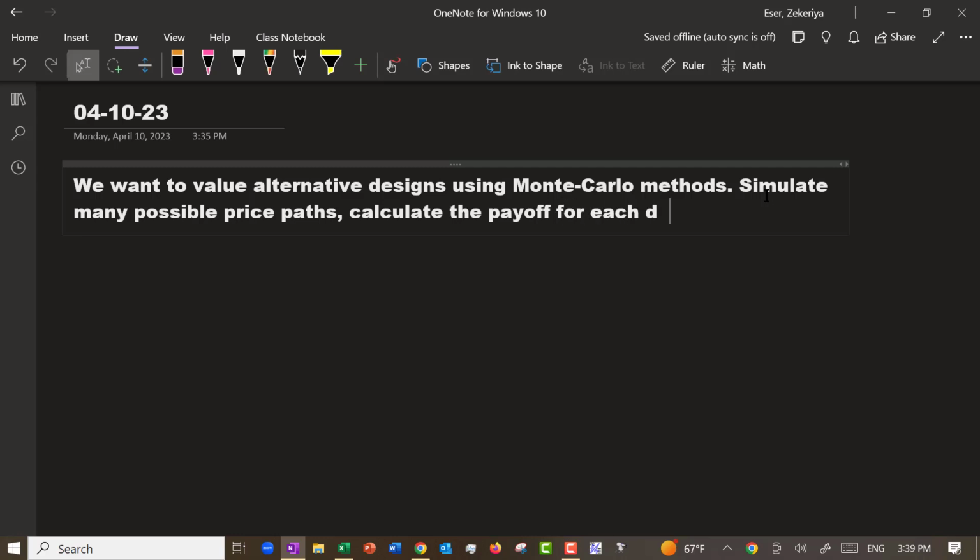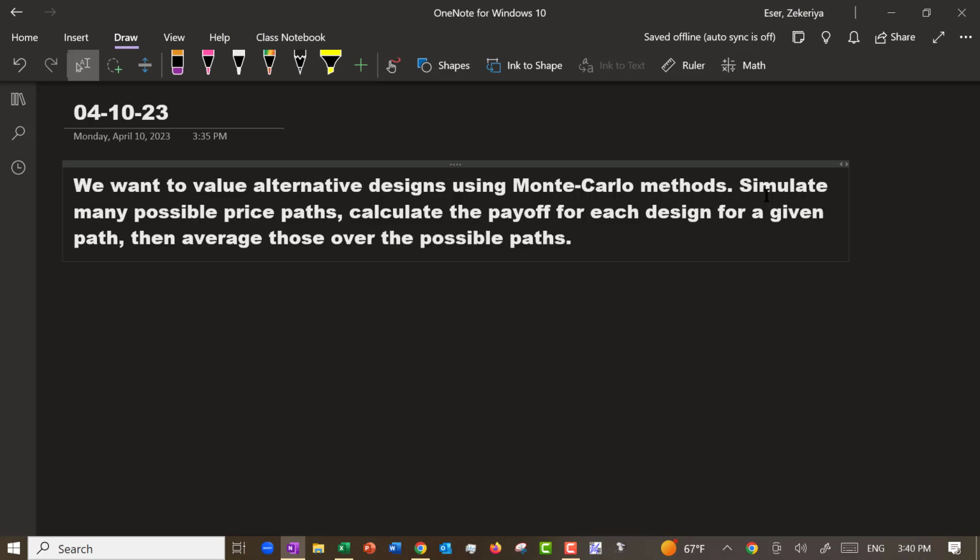For each design, for a given path, calculate the payoff, then average those over the possible paths. Okay.